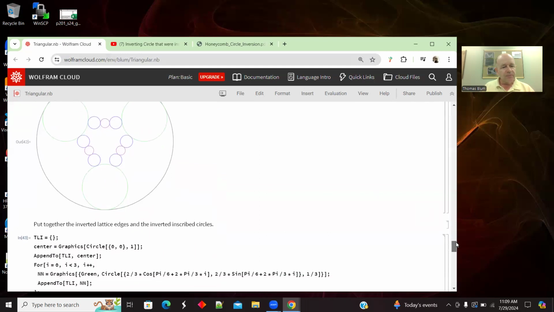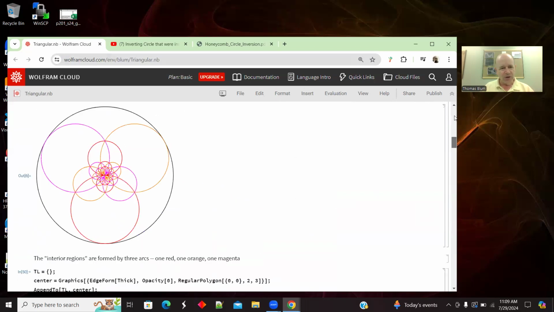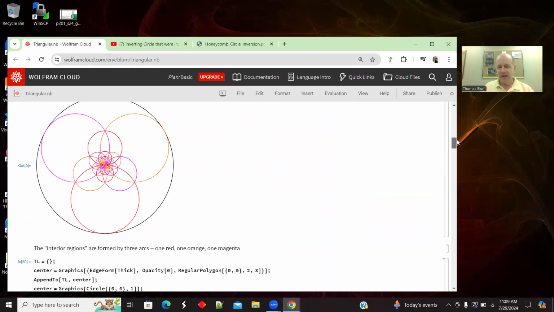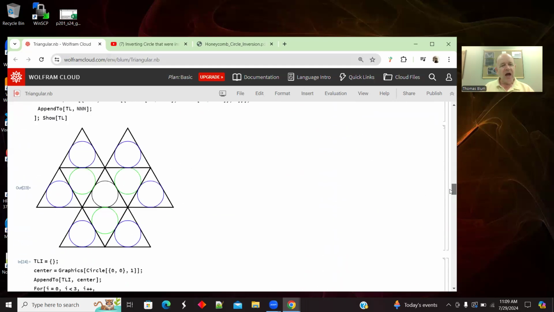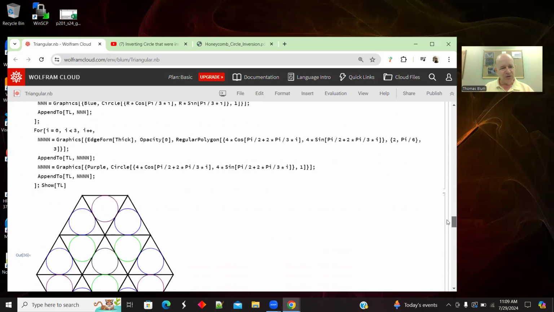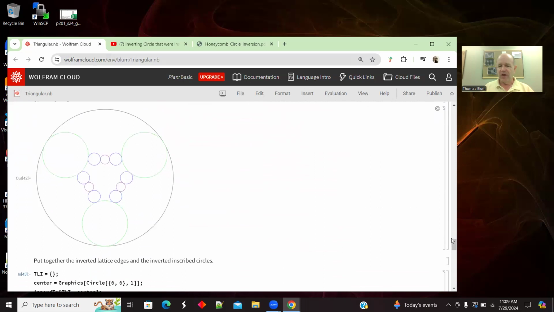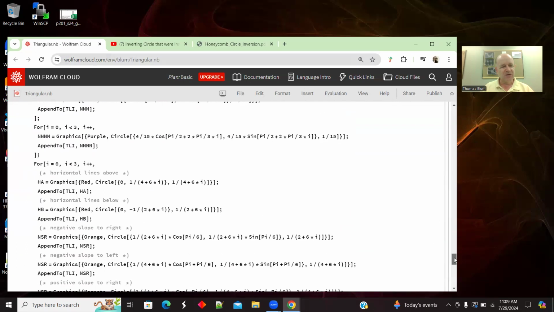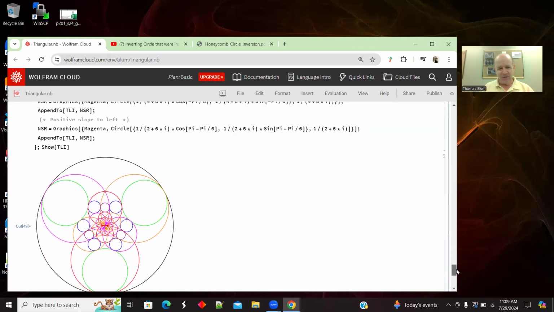Okay. And then last thing is I wanted to put my two pieces together. I wanted to put my lattice edge inversion and my inscribed circle inversion together. And so that was this last piece, down here.